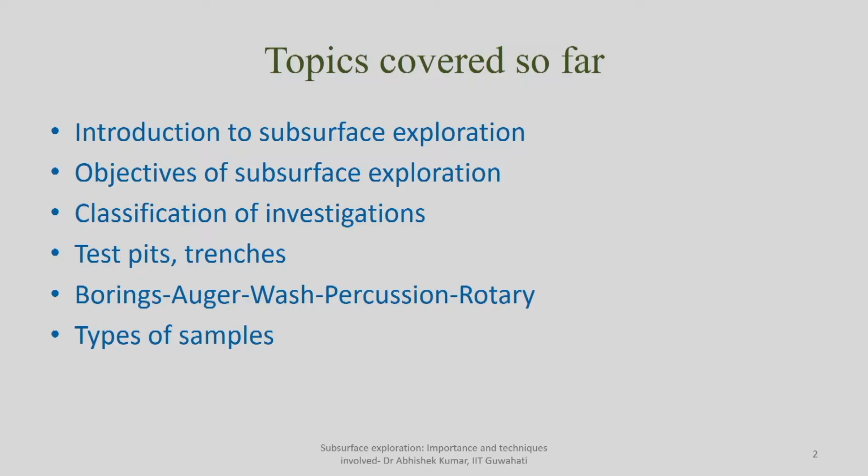The main advantage, as I highlighted earlier, is that in the majority of experimental ways of collecting soil samples, the sample may be subjected to partial or complete damage due to change in soil structure, mineral composition, and moisture content. That is why samples you get from test pits are mainly considered representative or undisturbed samples, which can be used even for consolidation behavior study and shear strength parameter determination, and so on.